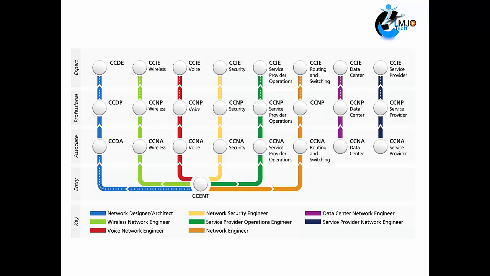After that we have got CCNA data center. How to set up a data center. Most organizations have a data center, and they use different types of equipment. Nowadays we are using Cisco Nexus switches.